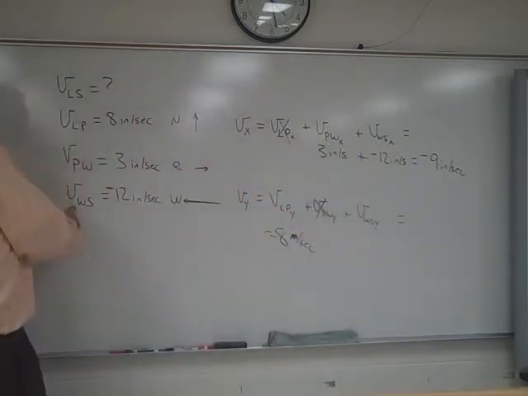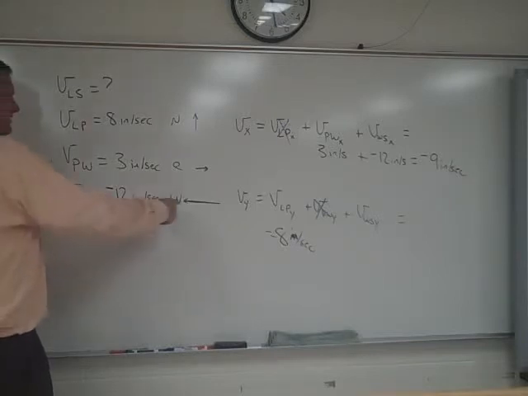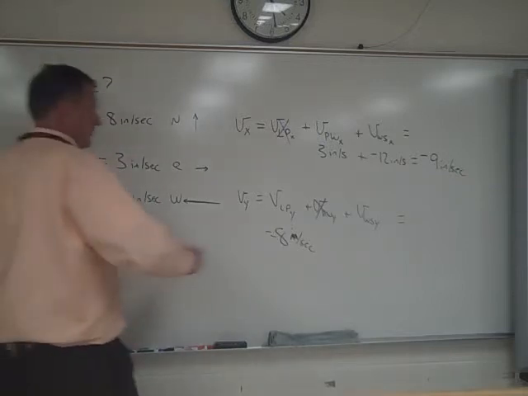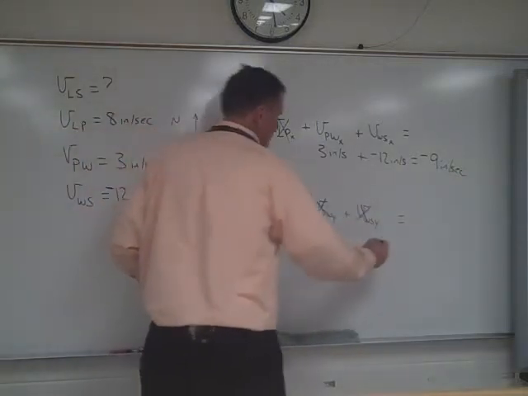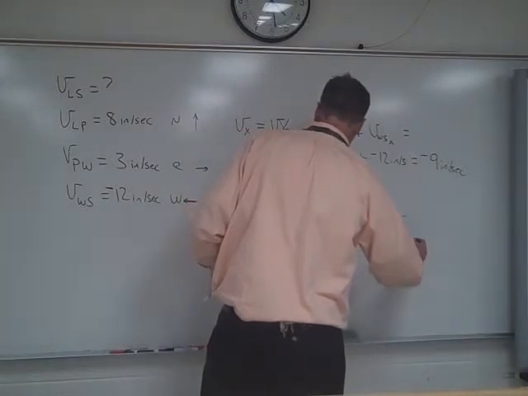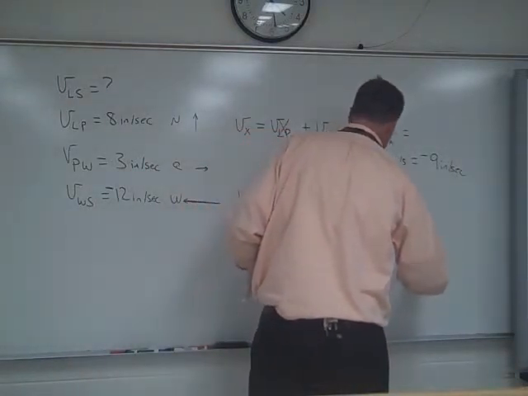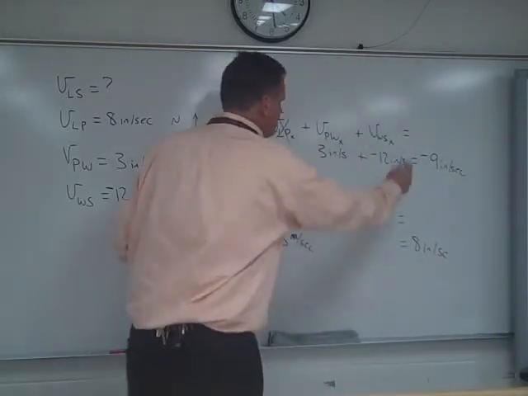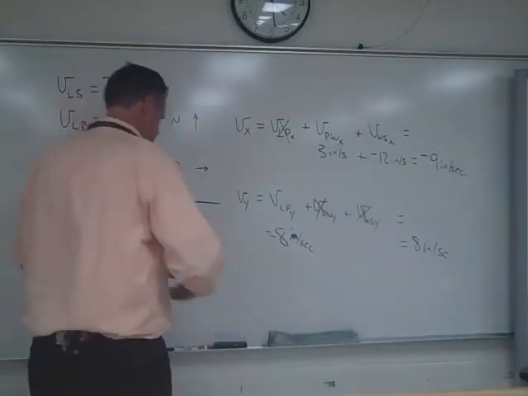What is the velocity of the wagon compared to, or from the perspective of the sandbox? It's west. It's negative 12. So it has no north-south component. So we just write this as 8 inches per second. So these are the two legs of our triangle.